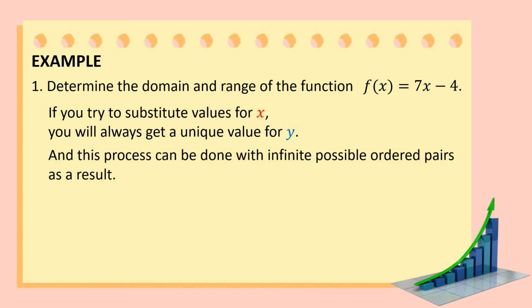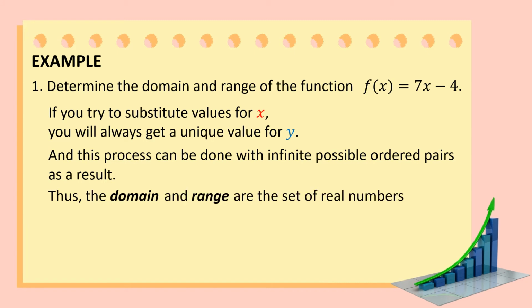And this process can be done with infinite possible ordered pairs as a result. Thus, the domain and range are the set of real numbers, or in interval notation, it is from negative infinity to positive infinity.